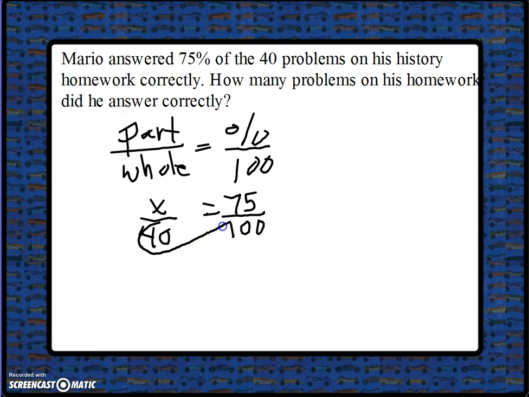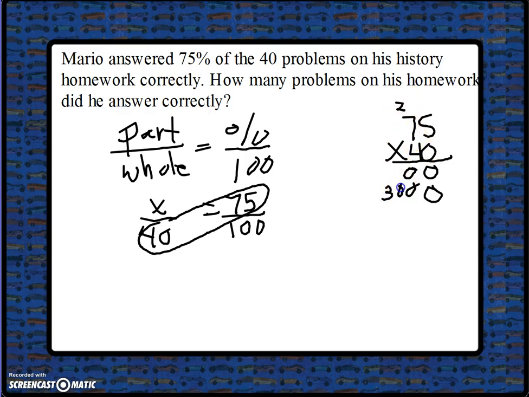So we're going to do 40 times 75. So 75 times 40. Well, 0 times 5 is 0. 0 times 7 is 0. Put a placeholder. 4 times 5 is 20. 4 times 7 is 28. Plus 2 is 30. You add it up. You are going to divide both sides by 100.